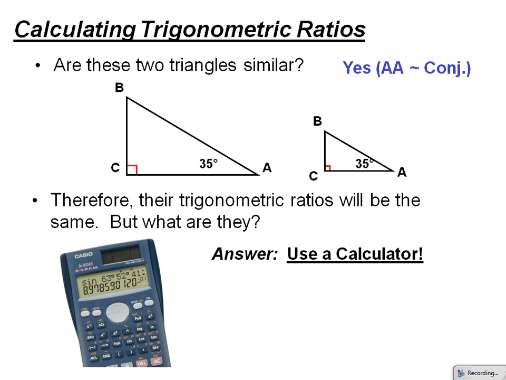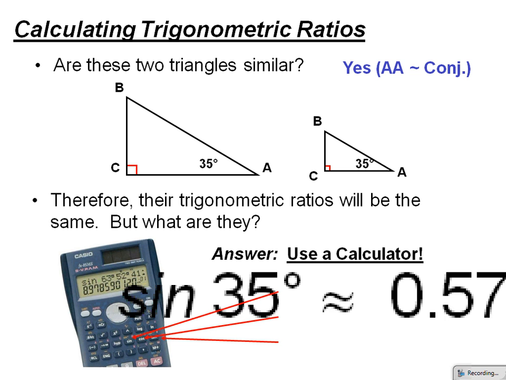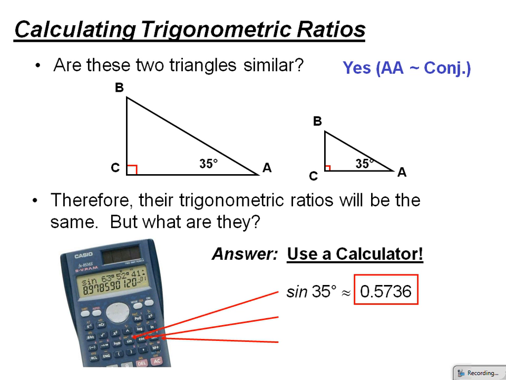Well, the easiest way to figure out the actual ratios then is to use a calculator. You'll notice on every calculator, at least on every scientific calculator, there's these three buttons, the sine, cosine, and tangent buttons, abbreviated SIN, COS, and TAN.